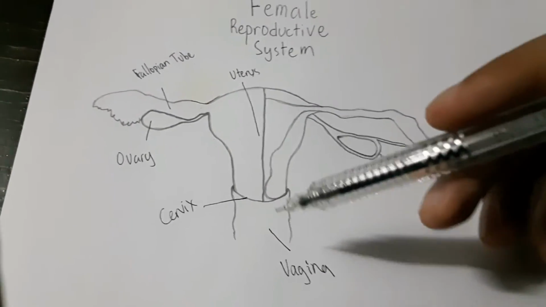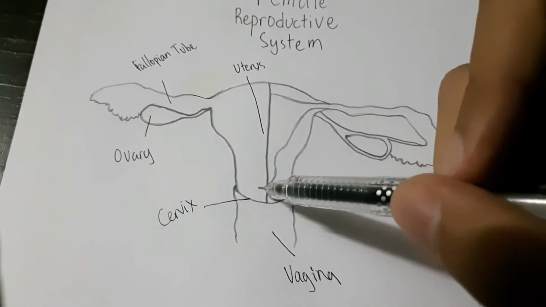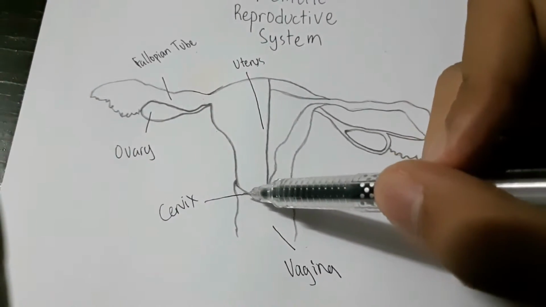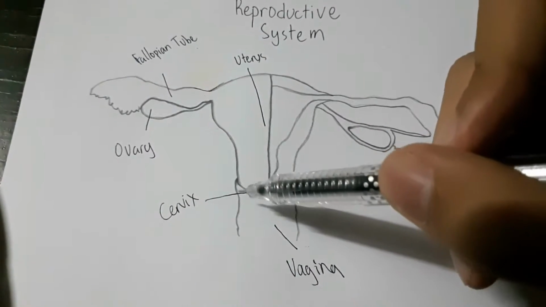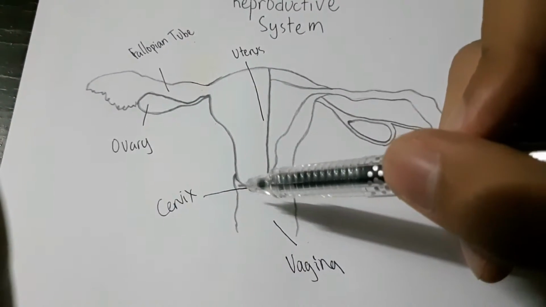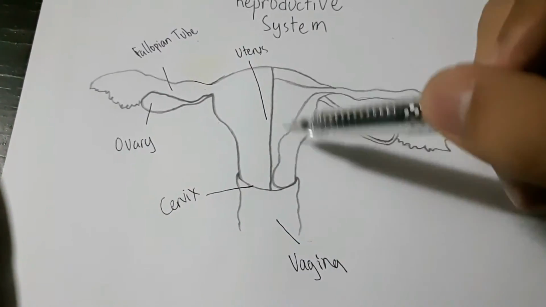Dito yung penetration. Dito nangyari sa vagina. Tapos ito, yung cervix, itong linya na to. Ito yung nag-ano as a doorway papunta sa uterus. Ito.